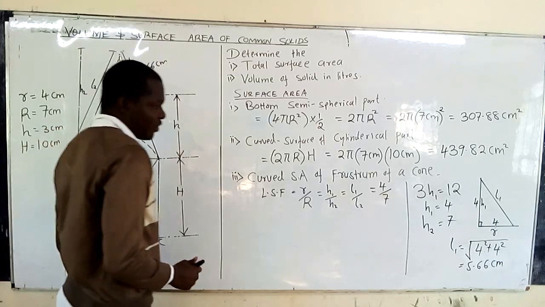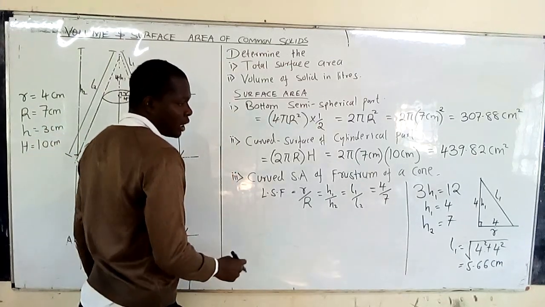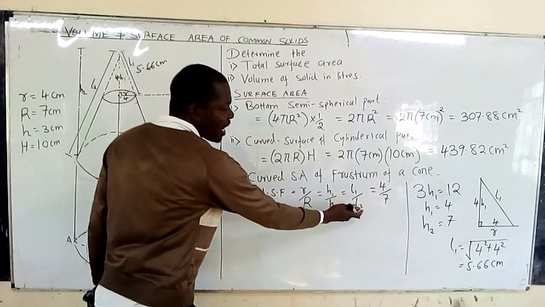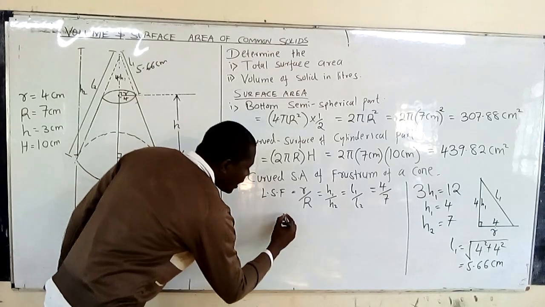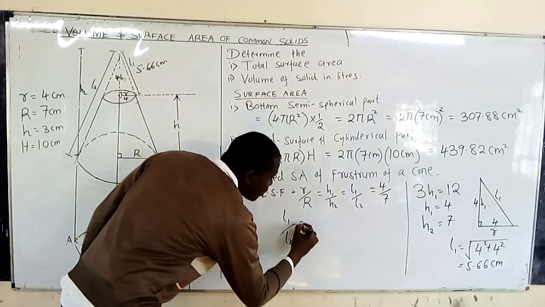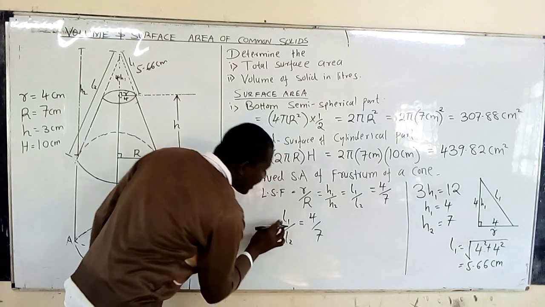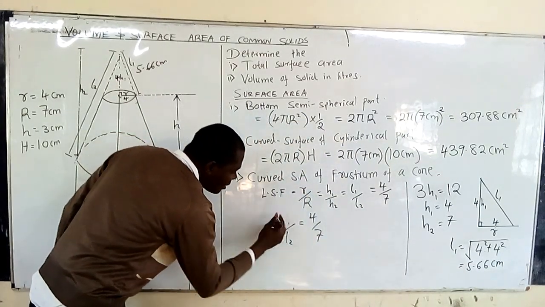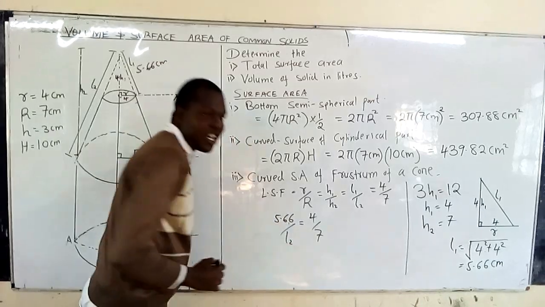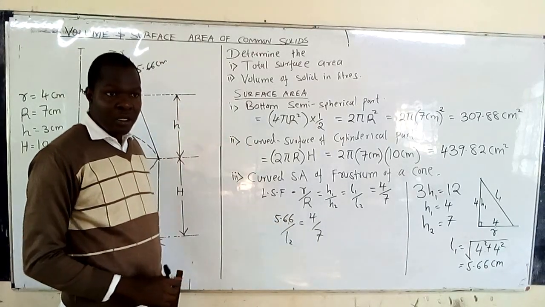Now, look at this. We found L1. What is L2? L1 over L2 is 4 over 7. And L1 you found to be 5.66. You substitute it where L1 is, isn't it? So what is L2?